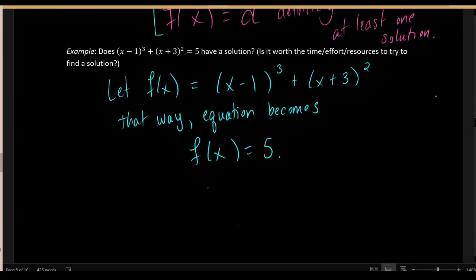So let's check that out. Now the function f of x in this problem is a polynomial. And polynomials are basically as good as it gets when it comes to continuity. Polynomials are completely smooth and they don't have any holes or breaks or asymptotes of any kind. So these polynomials are continuous everywhere.